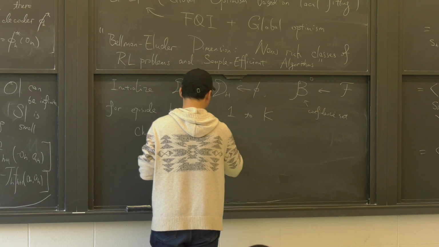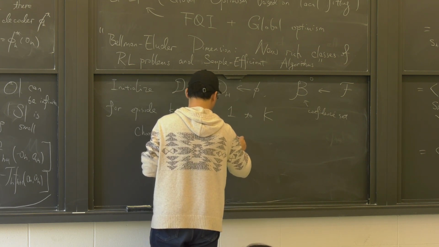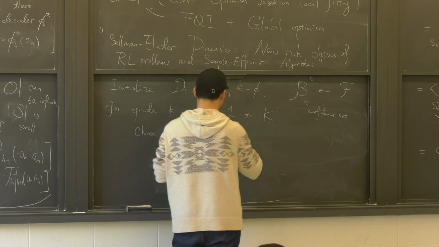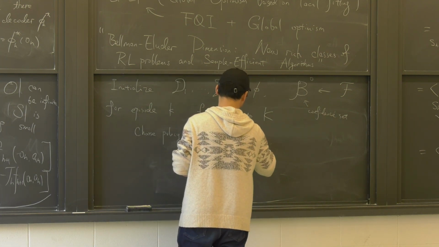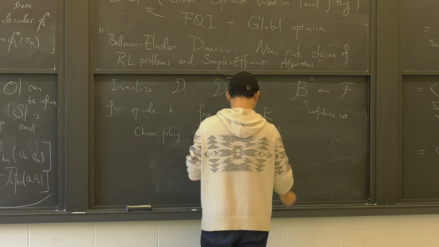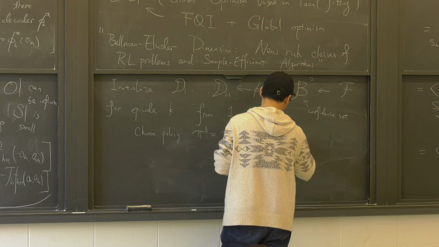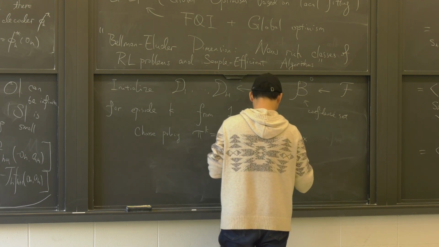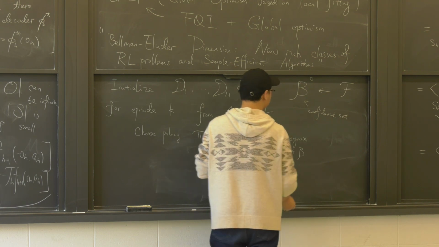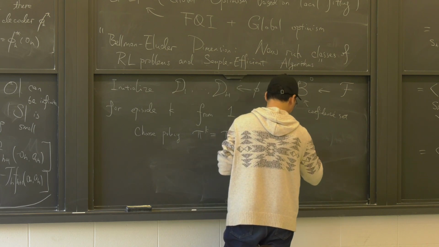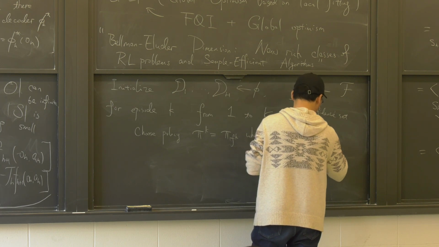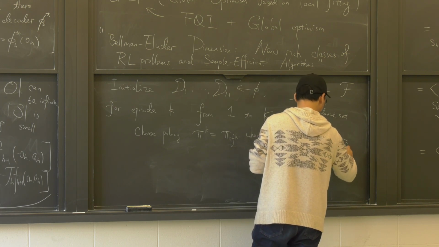And this is the greedy policy of fk, where fk will specify how we choose it. fk is a value function chosen to be the argmax over the value functions in the confidence set at step k minus 1, maximizing f(s1, pi_f(s1)).